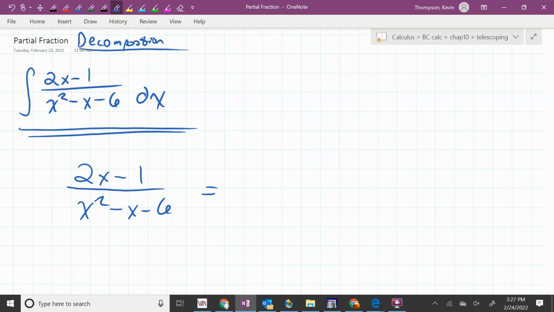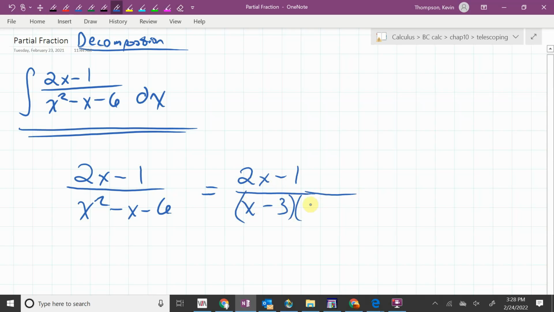So here's what partial fraction decomposition is saying. This original problem's denominator could definitely factor, if I put my signs correct.